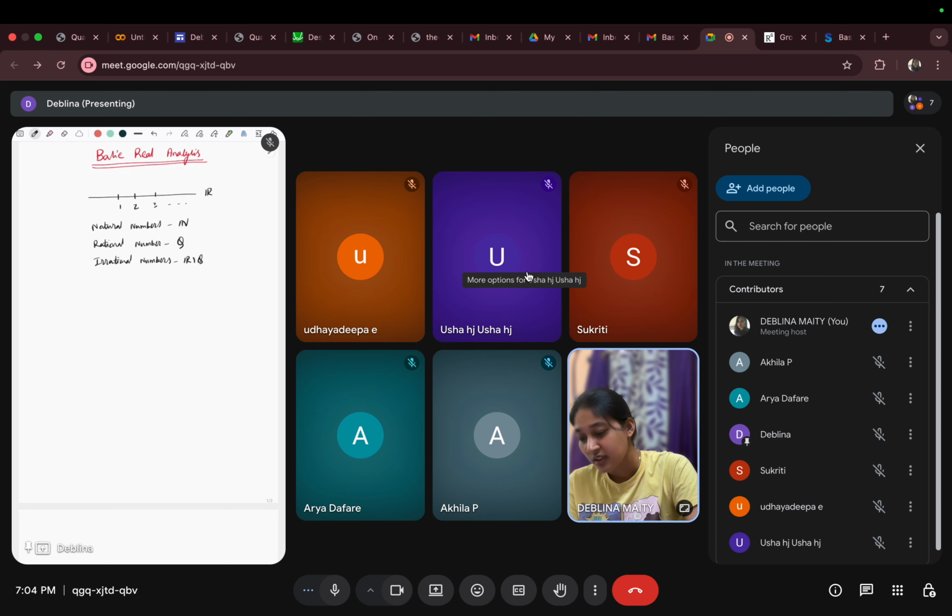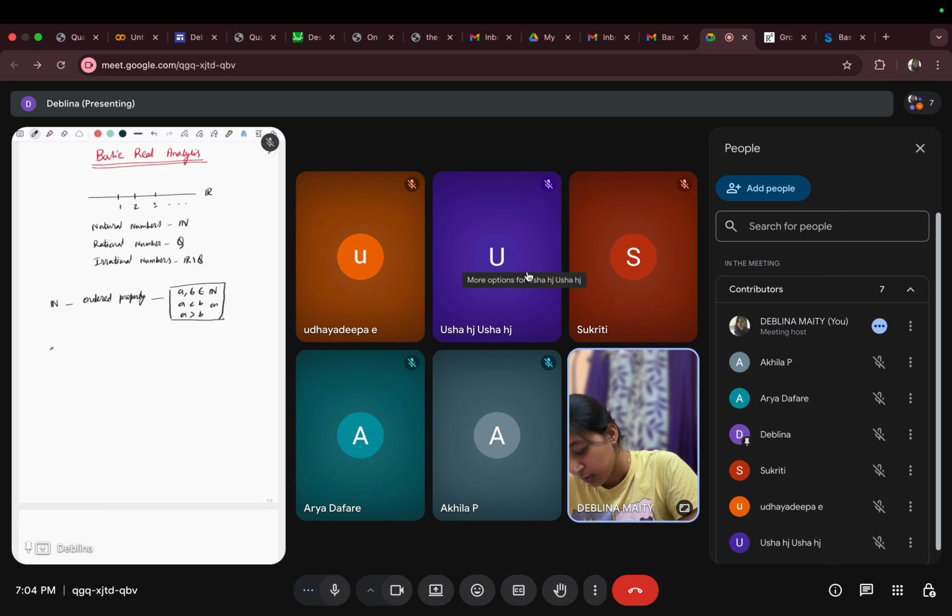Now this natural number has this property. What property? The order property. This means if we are given two numbers from the natural numbers, we can say that a is less than b or a is greater than b. So there is an order.